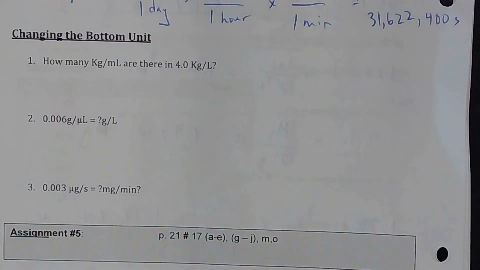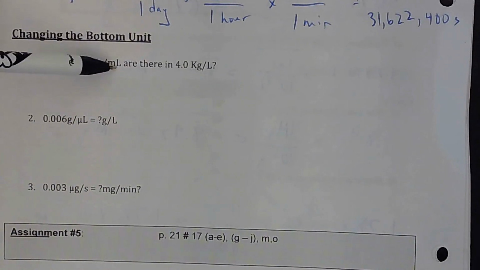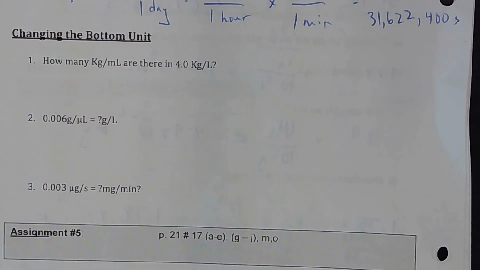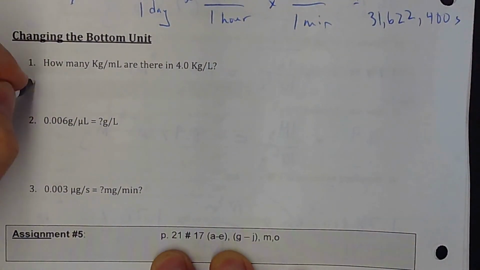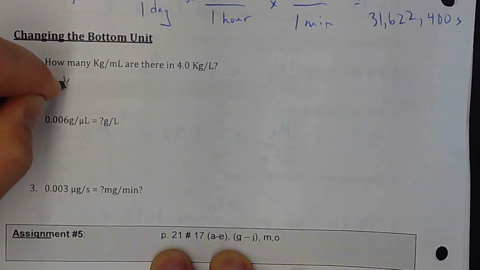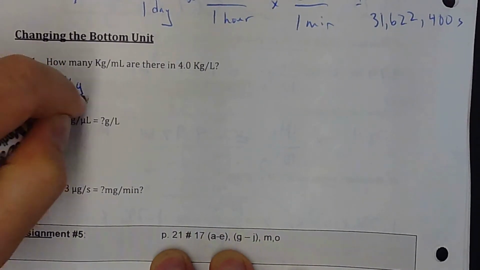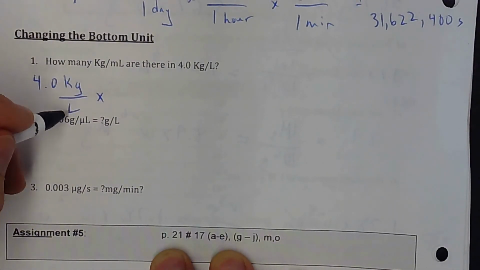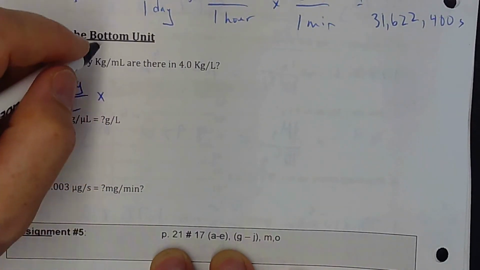So now these ones, we're going to change the bottom unit. So we have kilograms per milliliter and then kilograms per liter. So the conversion factor is the same, just we want to orientate it so that they cancel out. So same as before, you start at what you have. So 4.0 kilograms per liter. All right, and I want to go to kilograms per milliliter. So I want to make it so the liters are going to cancel.